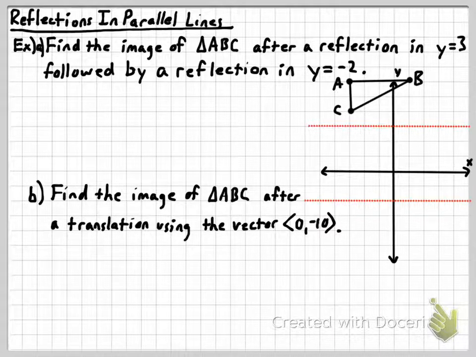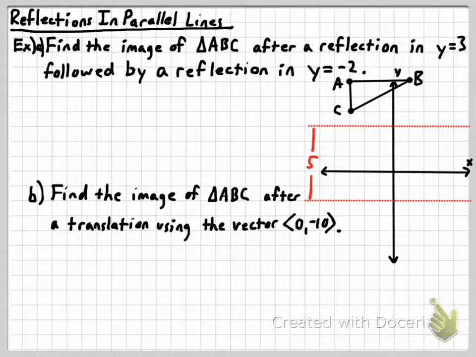So, since we can measure the distance between the parallel lines, let's see how far apart they're supposed to be from one another. Y equals -2 and y equals 3 are 5 units apart, aren't they? So our final image ought to be 10 units away from the original figure. Let's see if that works out.